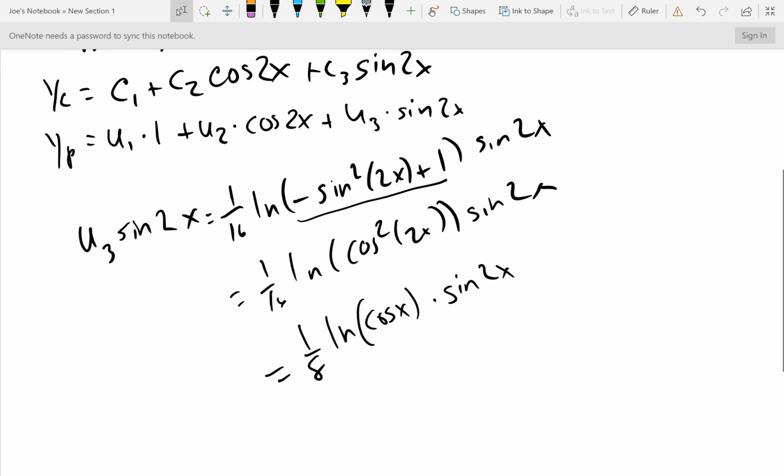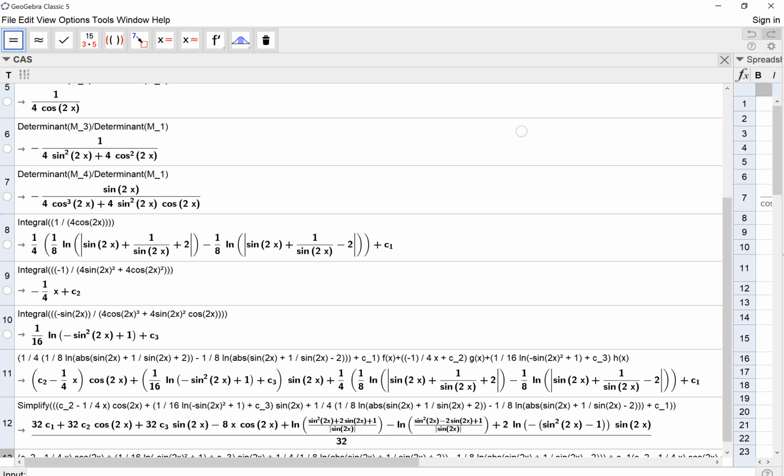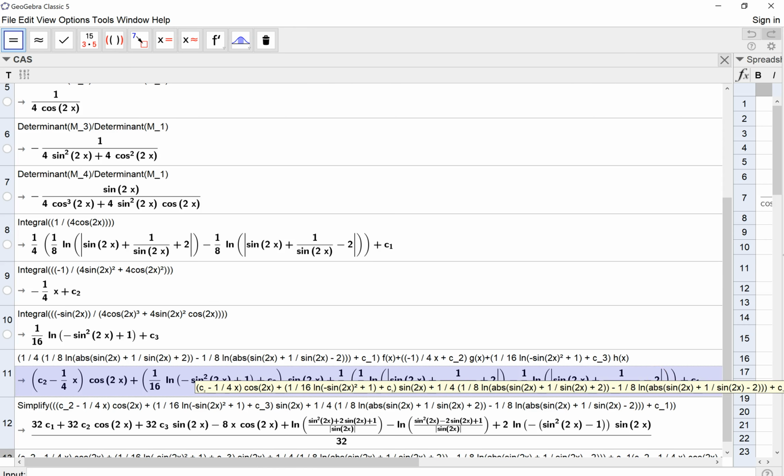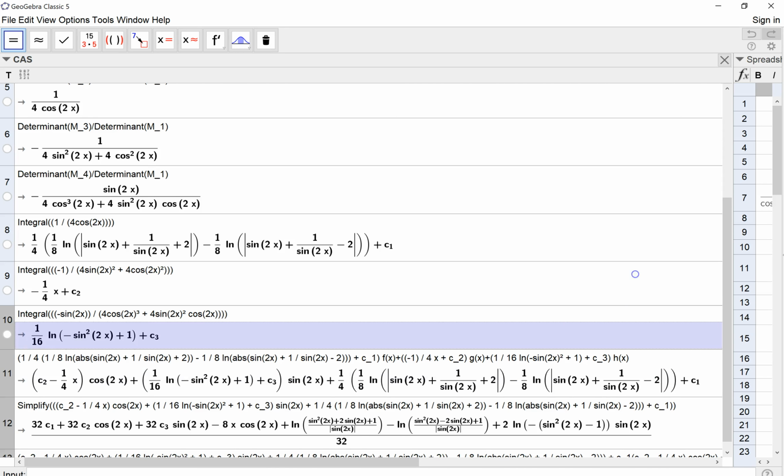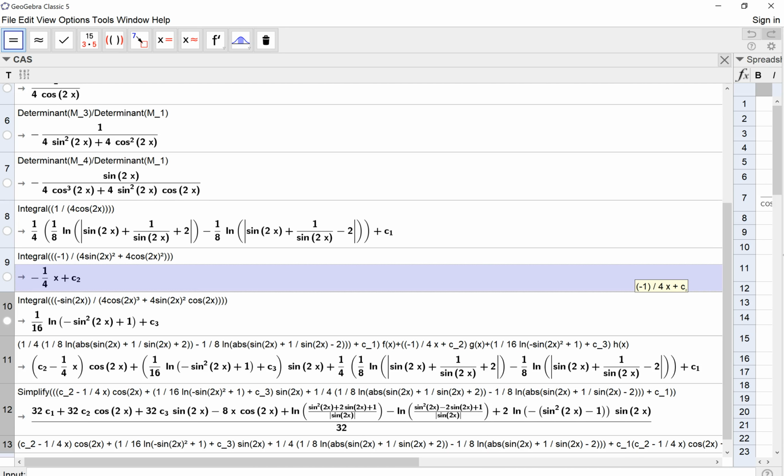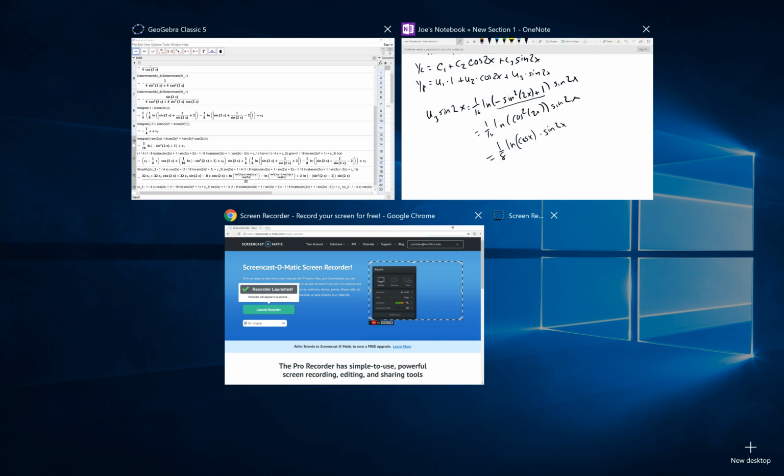So let's see if we can do the last one. This last one, we have kind of a mess, but let's see if we can figure it out. So it's this whole long expression here with the 1/4 and then what's inside parentheses here. Let's see if we can get this copied over to GeoGebra successfully.